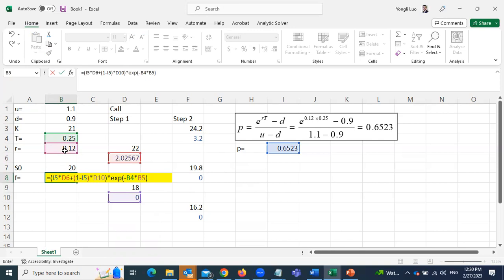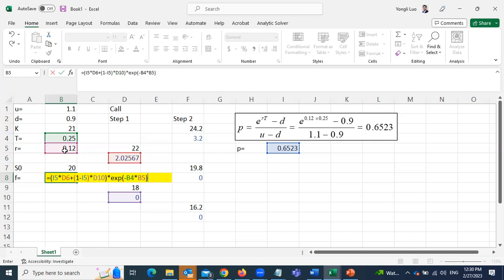the call option price. So remember, we have to do that backwards. First using step 2 the call option price, go back to step 1, and using step 1 the call option price, and then you go back to the origin.